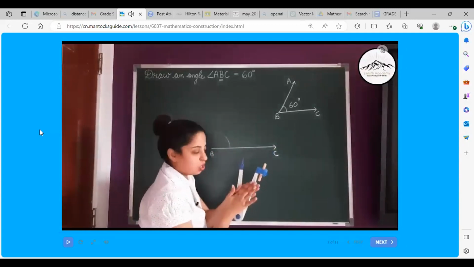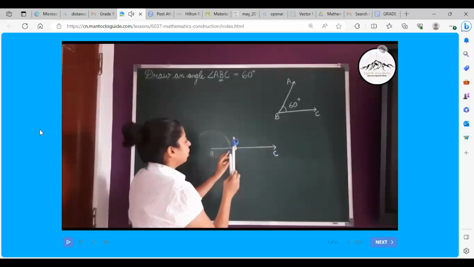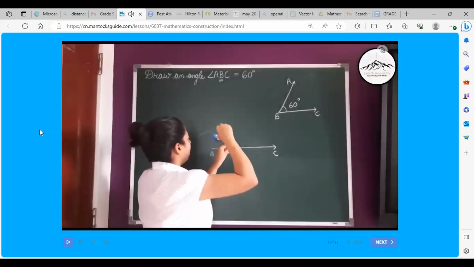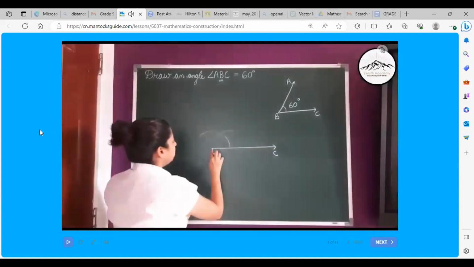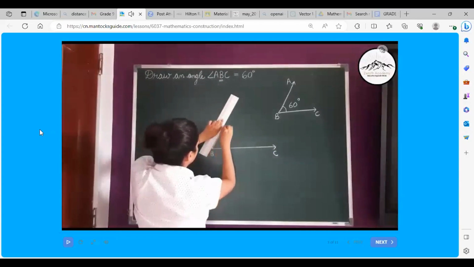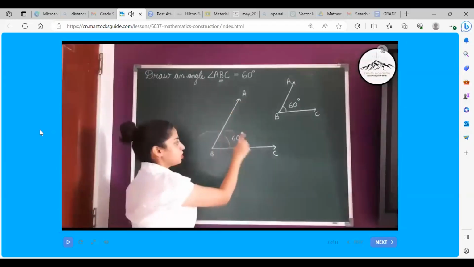Now with the same measure, without changing this, you keep the pointer here and make an arc. Simply join this and this point B and this cut. So this is a 60 degree angle.